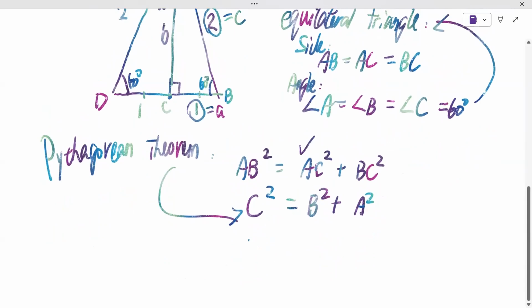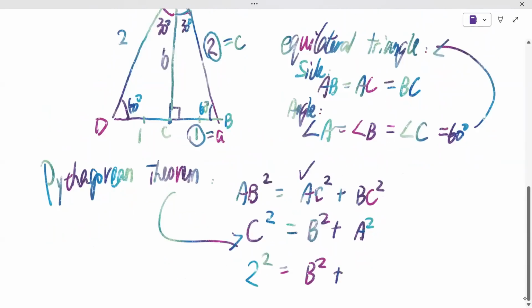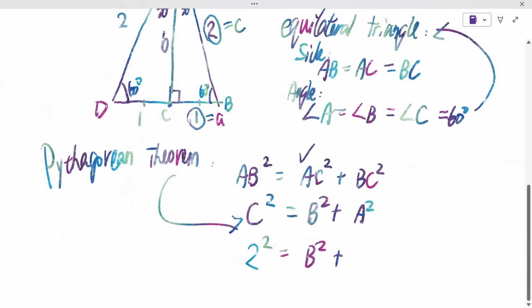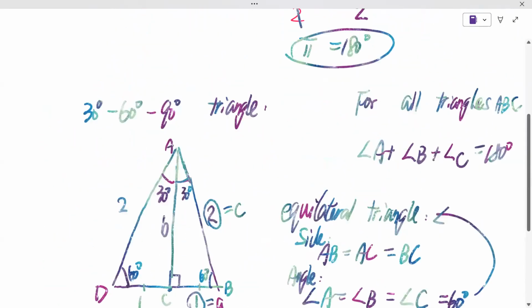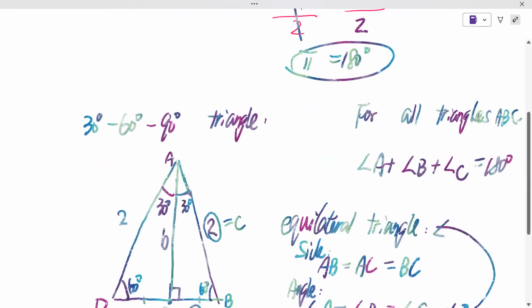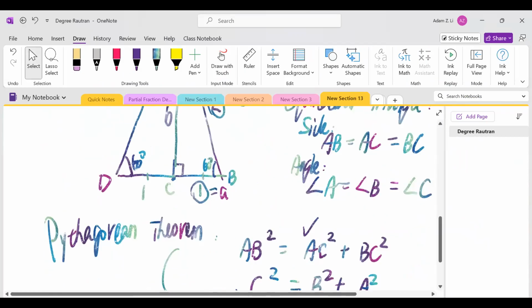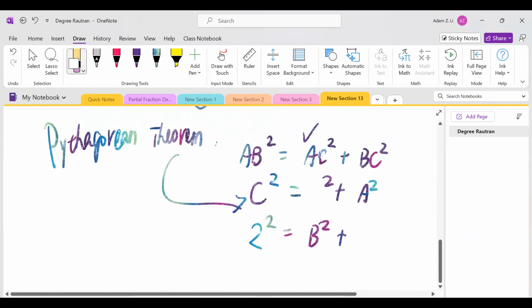Now this is 2 units. 2 squared equals b squared plus a squared. Now a is 1 unit. We should use lowercase. This lowercase is better; be consistent with the textbook.